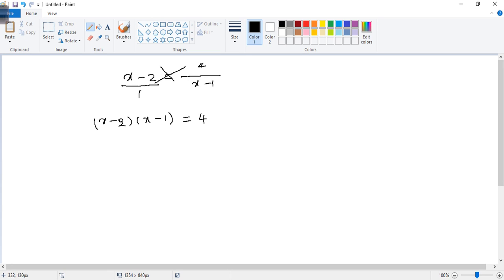Let us expand this bracket. We have x squared minus x minus 2x plus 2, and the 4 we send to the other side, it will be minus 4 and all equals 0. Let us simplify. X squared minus x minus 2x is minus 3x, plus 2 and minus 4 is minus 2, equals 0.